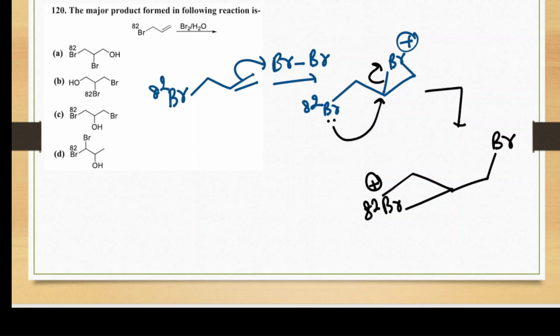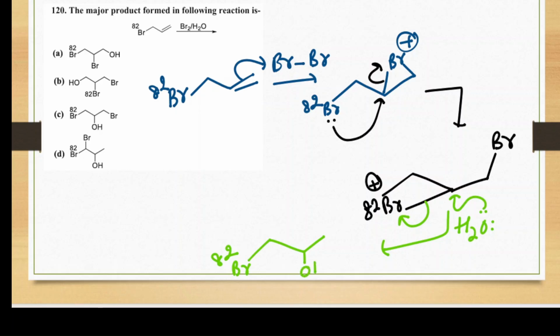Now in the next step we can do the attack of the water molecule. So water is again going to attack on the more substituted site, that will be at this particular position, and this ring will be opening from here. So finally the species that we are getting is like this. Here the bromine, that is the 82 isotopically labeled one, will be coming.